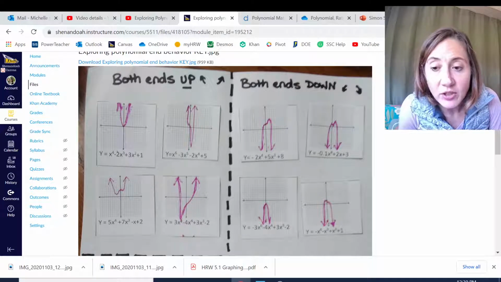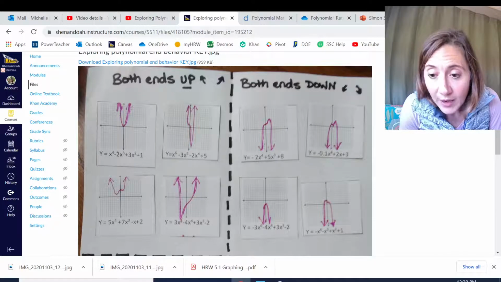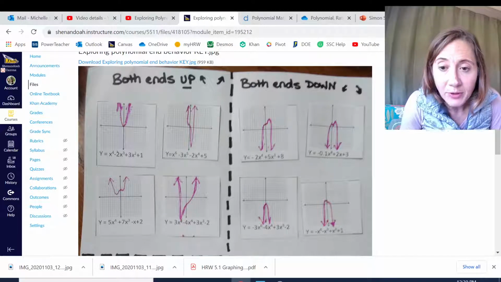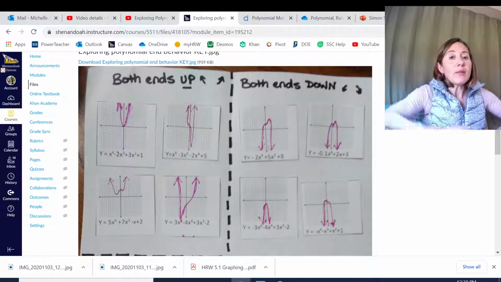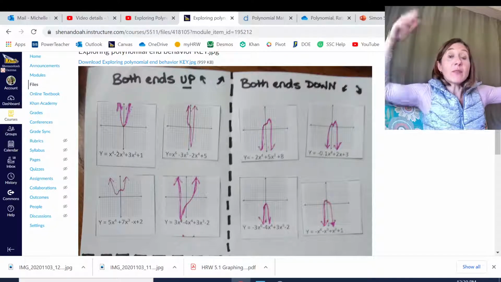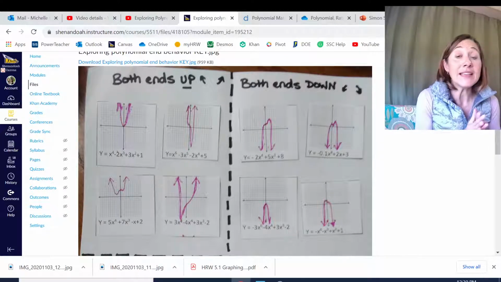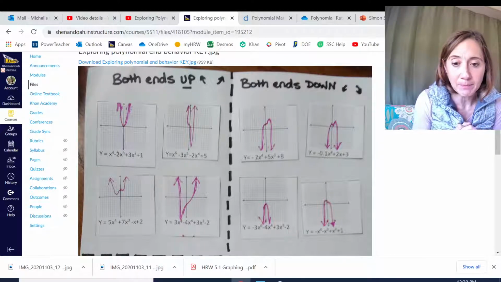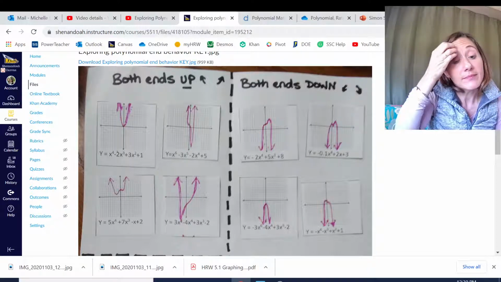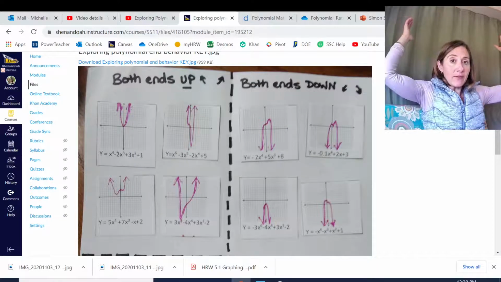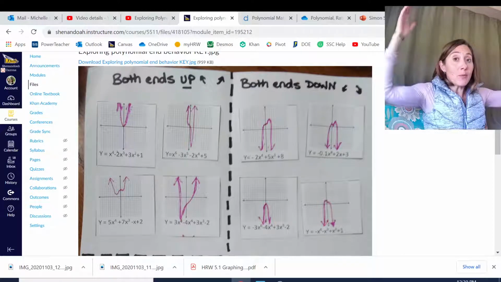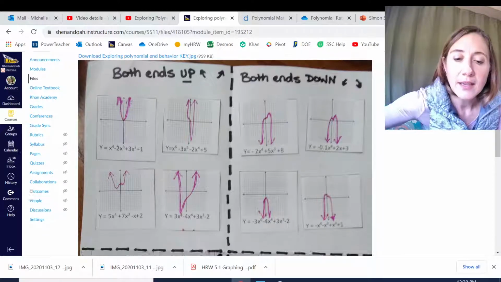My leading coefficients are -2, -0.1, -1, -3. And those all have the ends going down. So just like a made parabolas face up or face down if it was positive or negative, same thing is happening with these even exponents. If the leading coefficient is positive or negative, it will determine what the end behavior does.